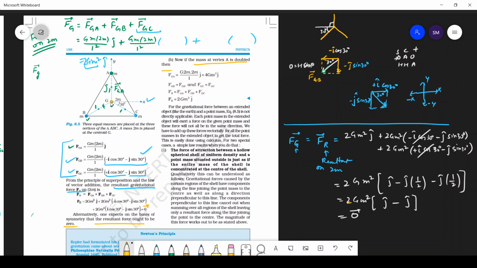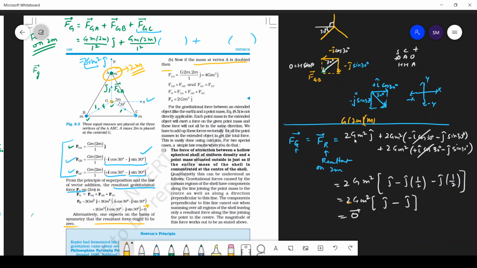Sorry, not the mass at the center is doubled, but the mass at A is doubled. This m becomes 2m. So here the only change will be here. Earlier it was 2g, means g into 2m into m, right?